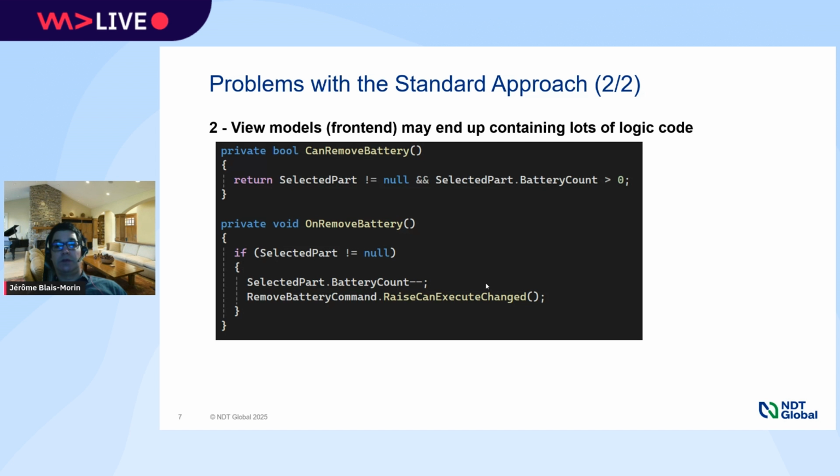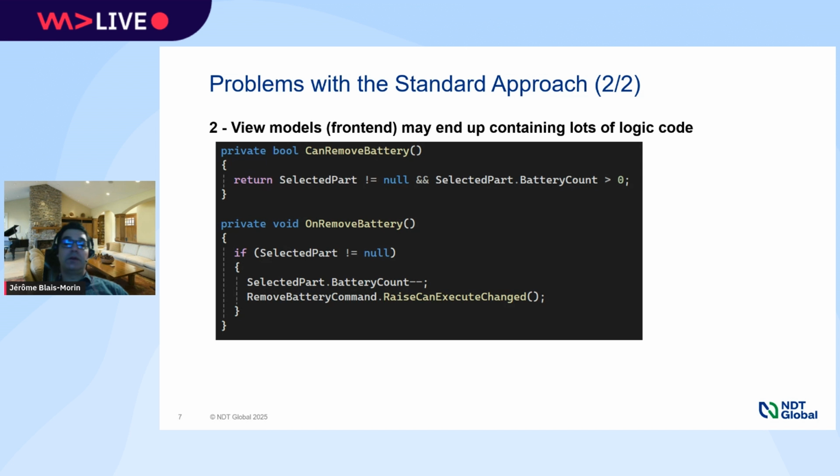So the code that we have in the view model here, you would need to have the exact same copy in the API, to determine if you can add a battery and what to do when we remove a battery. Of course, here it's super simple and trivial code, but if it's more complex logic, then it's even more of a problem if you duplicate the code. And of course, you can have a utility class or services for that, but still, there will be some duplication, at least knowing that you must call this service in both places.